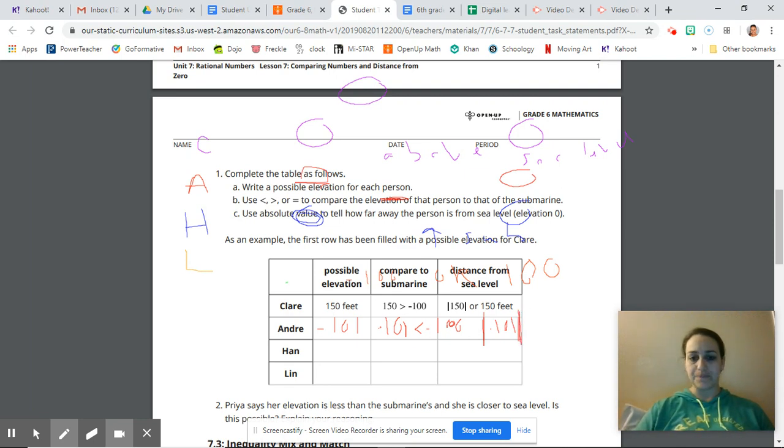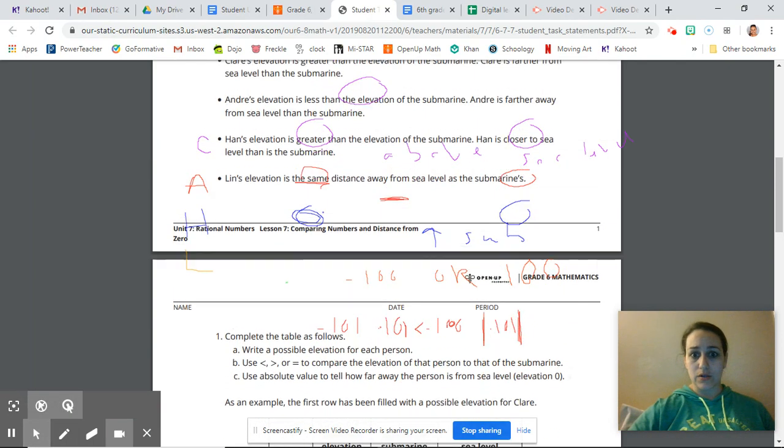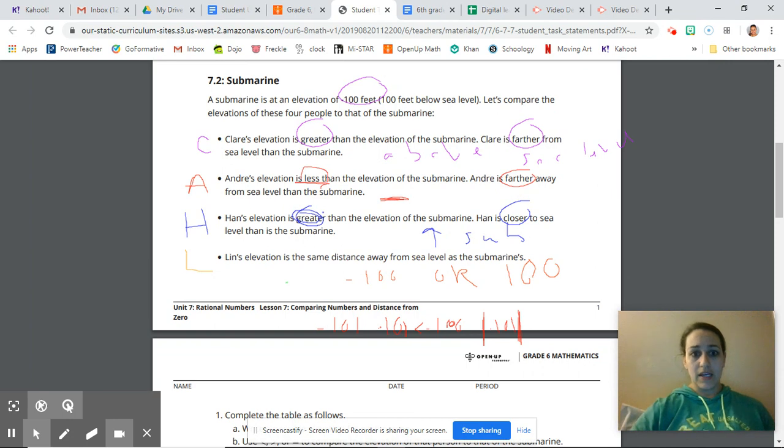So if we do the same exact thing for Han, if I scroll up in our notes, Han was our blue, he was right there. Greater than the elevation of the submarine, closer to sea level. So we had made ourselves a little note here in blue that he was going to be above the submarine.